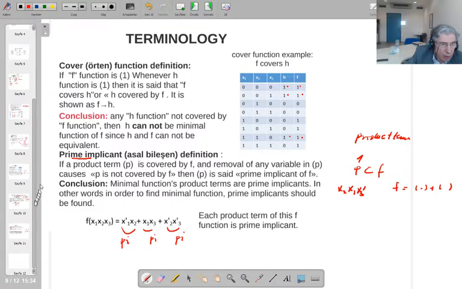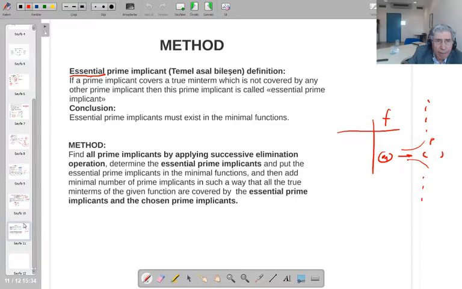Okay. The next step. Now we are going to define the essential prime implicant. The previous one was the prime implicant. Now this is the essential prime implicant. Now consider a function given to you, and this function has a one value here. That means a true minterm is included.